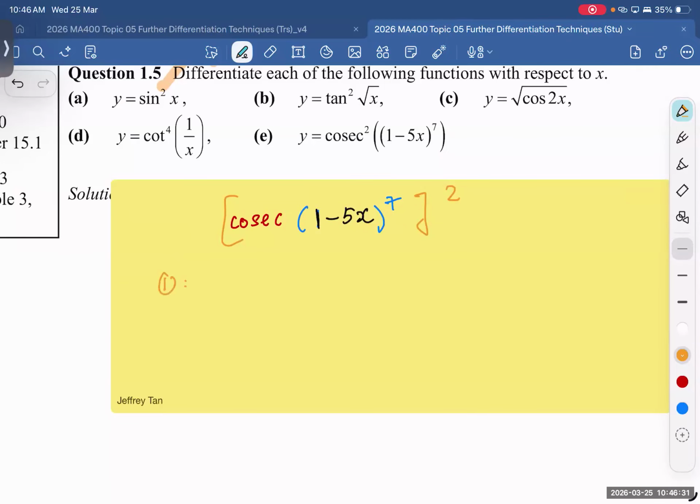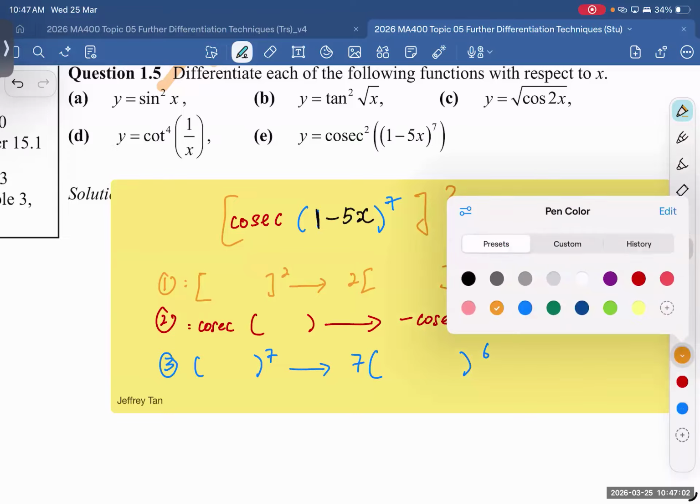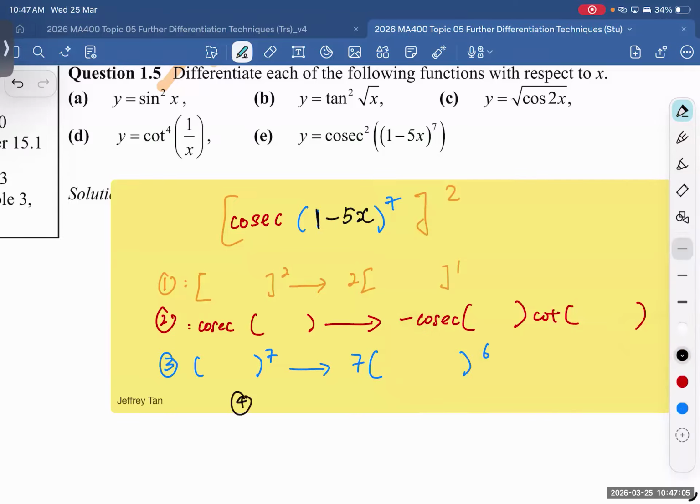Layer 1, something power 2; if I differentiate, I get 2 something power 1. Layer 2 is cosecant; if I differentiate, I get minus cosecant cotangent. Layer 3, something power 7; I differentiate and get 7 something power 6. Layer 4, 1 minus 5x; I differentiate, I get negative 5.